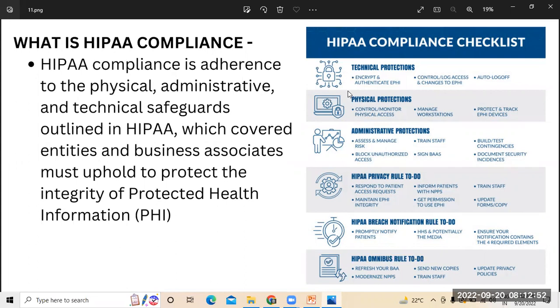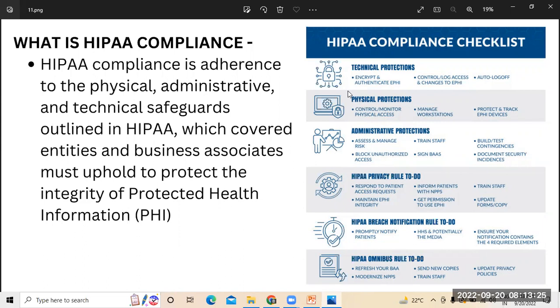Here we need to understand and adhere to the physical, administrative and technical safeguards to protect the health information and health records of individuals, which we call PHI, protected health information.